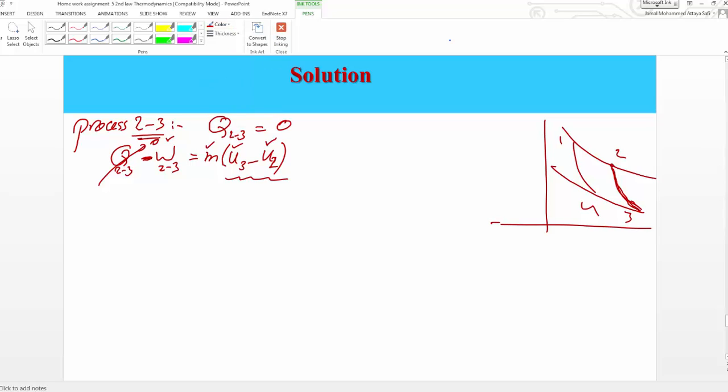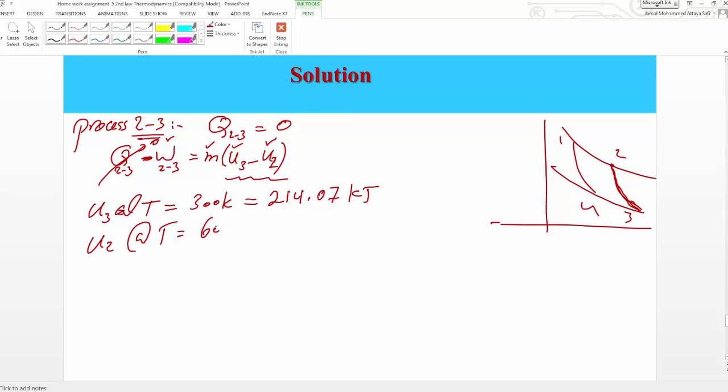Now U3 at temperature equal to 300 Kelvin reads as 214.07 kilojoule, and U2 at T equals 600 Kelvin reads as 434.78.